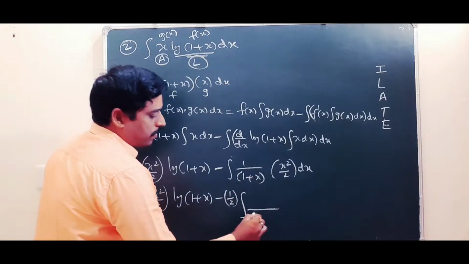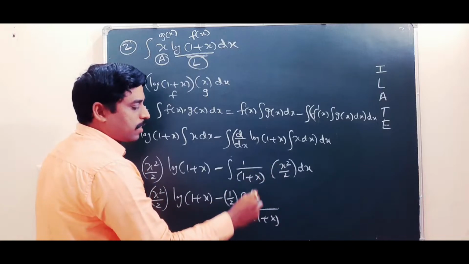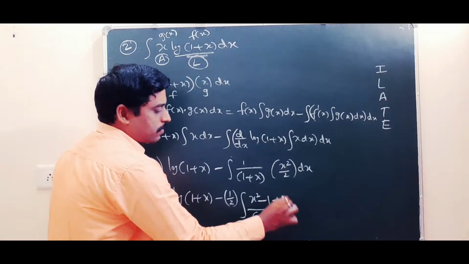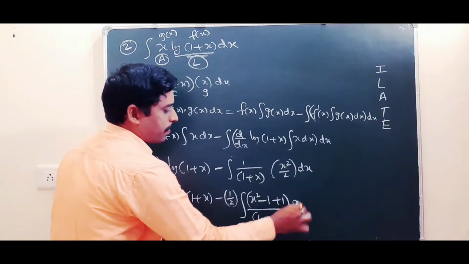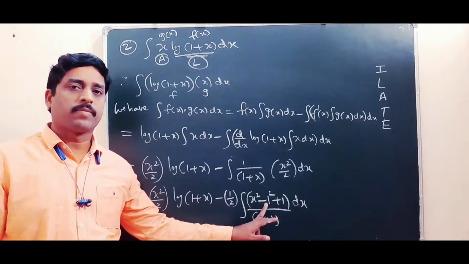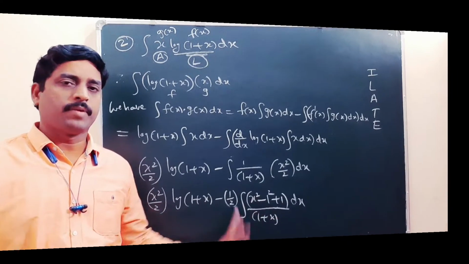First write denominator value 1 plus x. What is the numerator? x square. Subtracting and adding 1 in the numerator, so we have x square minus 1 square, by using the a square minus b square formula, a minus b into a plus b.